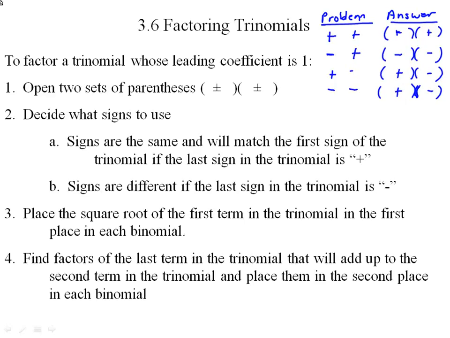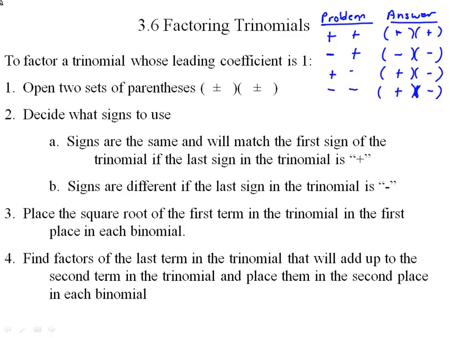Okay, so let's put this into layman terms. Watch. If you don't want to memorize the chart, remember this. If in your problem the second sign is positive, then in your answer the two signs have to match each other and your first sign.